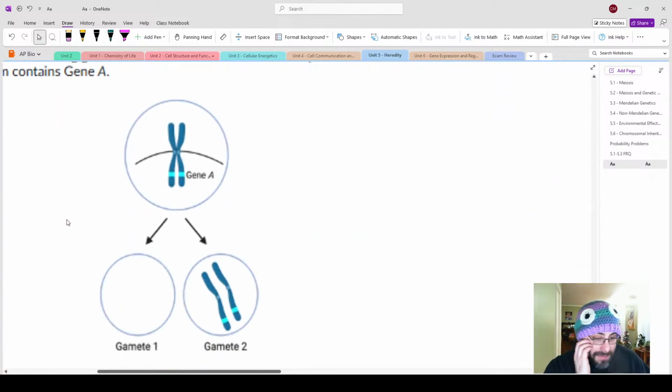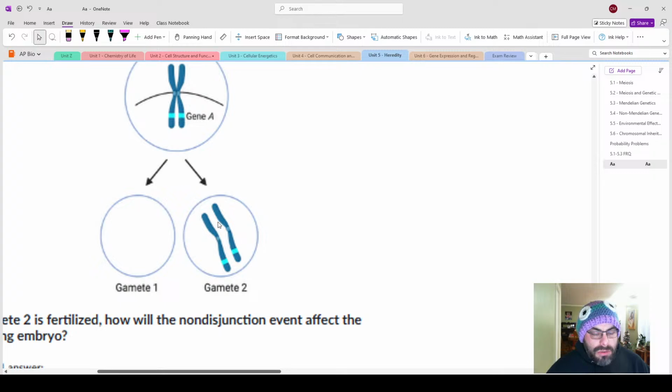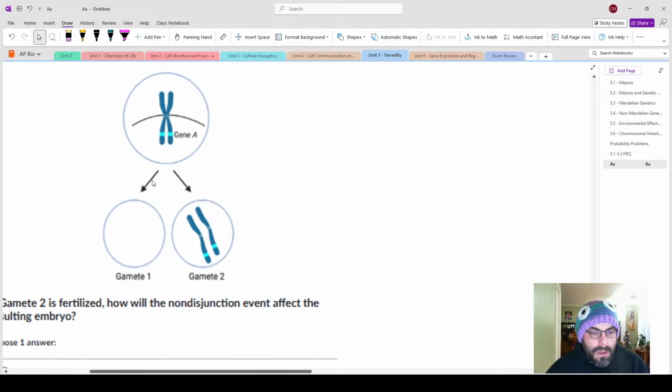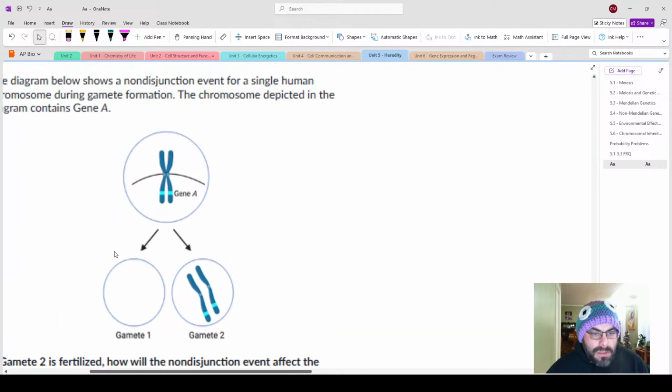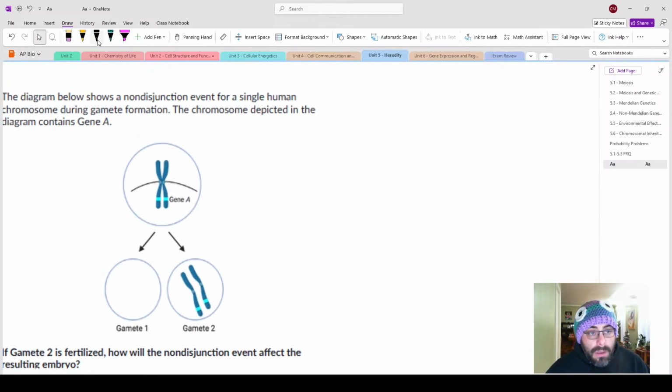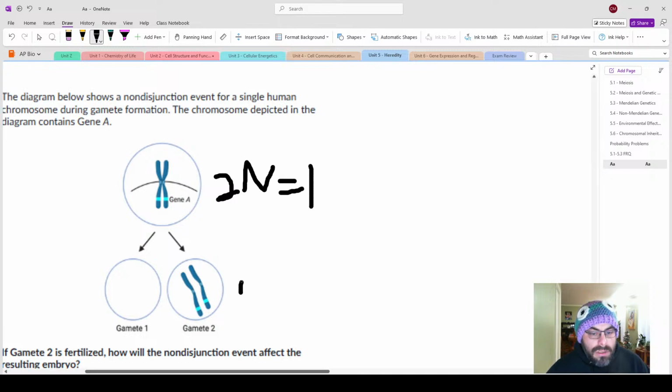All right. And so this gene fails to separate. Gamete 2 gets both. Gamete 1 gets none, right? And so which gametes are broken at this point? All of them. Because if this chromosome has a single, or if this cell has a single chromosome, and 2n equals 1, then what does n equal?